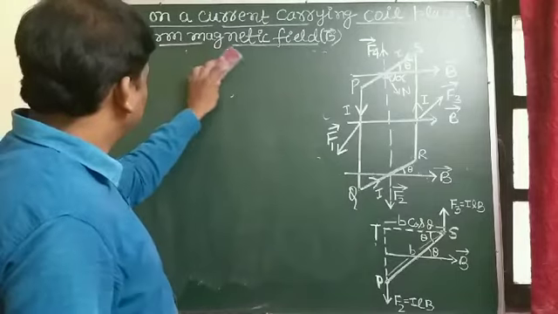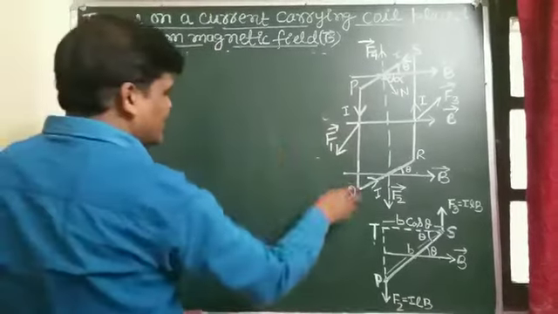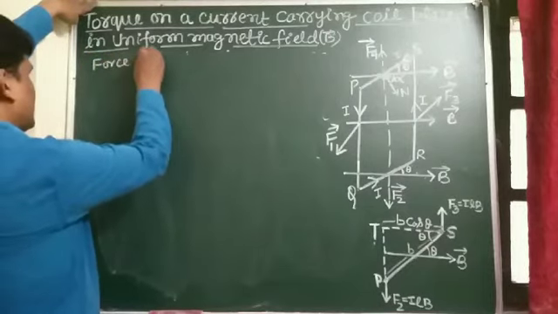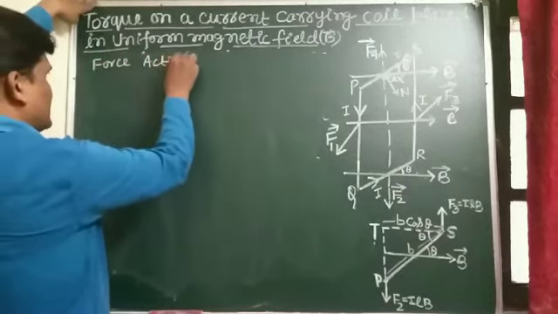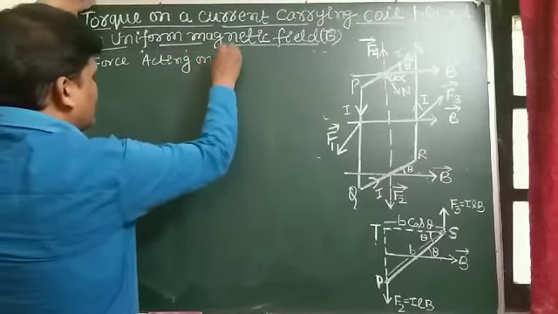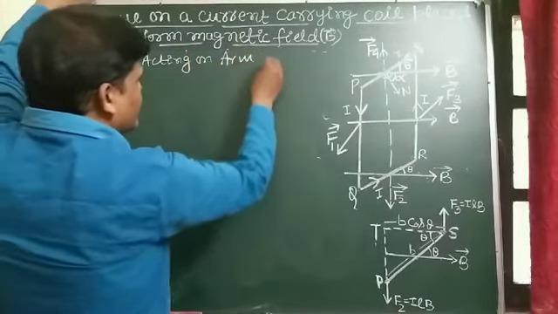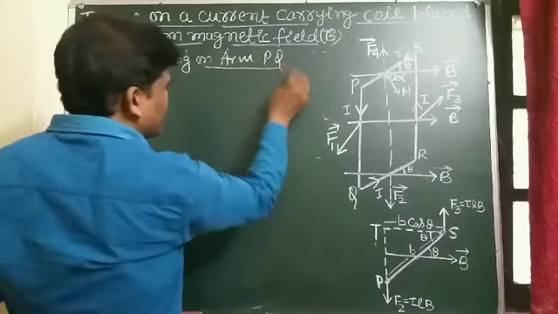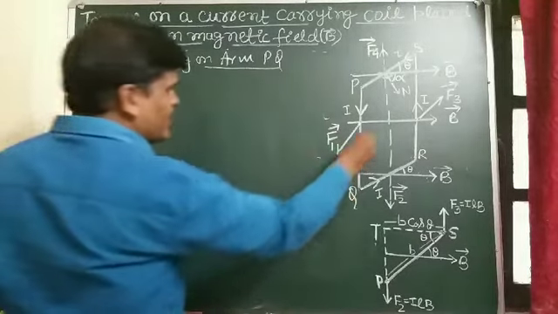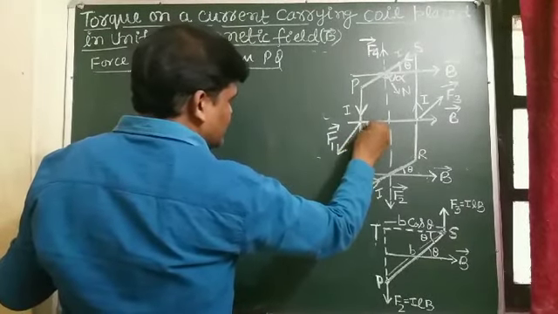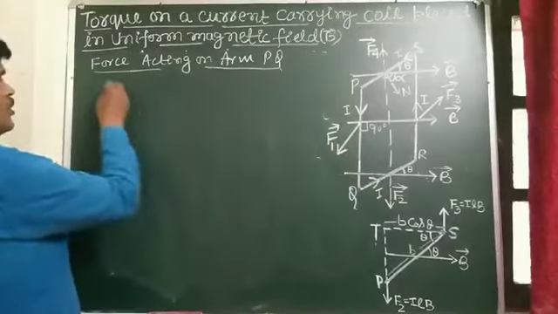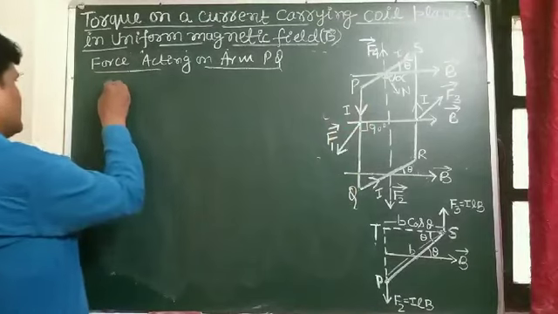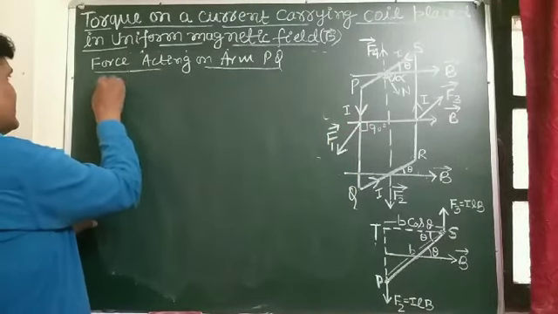RS. Now student, force acting on arm PQ. In the same way student, here angle between magnetic field and PQ length, that is what, 90 degree. So we have chosen here PQ, force acting on arm PQ, that is F1 vector.